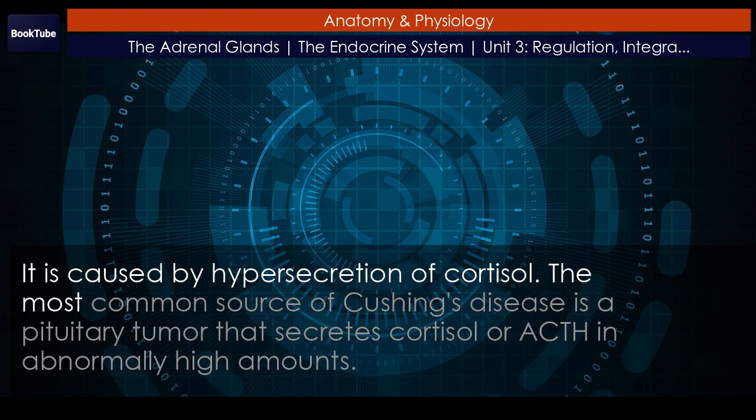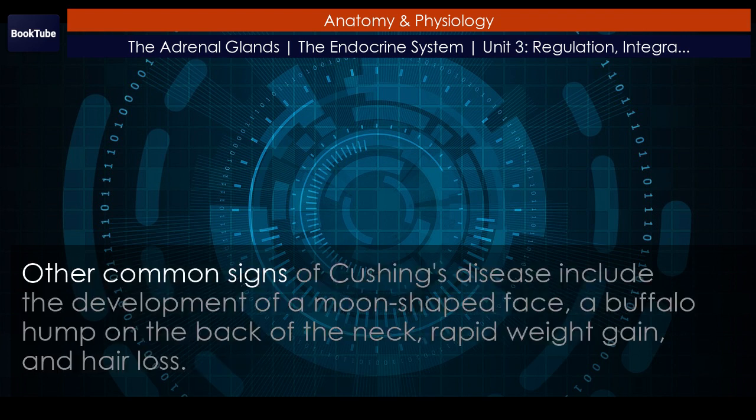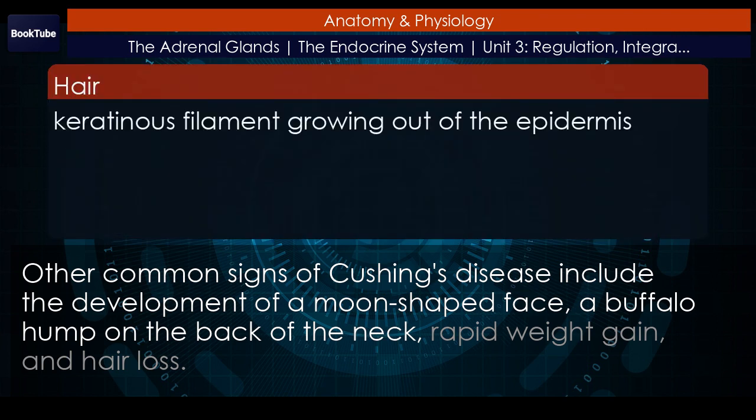The most common source of Cushing's disease is a pituitary tumor that secretes cortisol or ACTH in abnormally high amounts. Other common signs of Cushing's disease include the development of a moon-shaped face, a buffalo hump on the back of the neck, rapid weight gain, and hair loss.